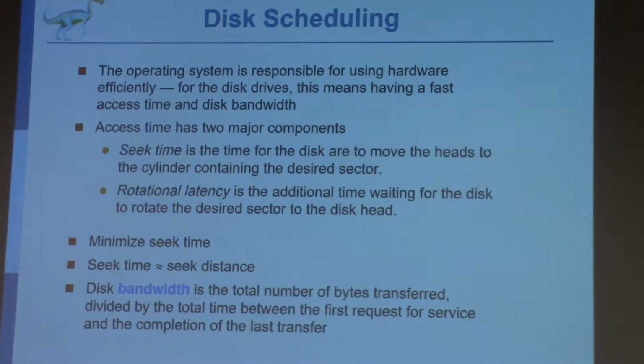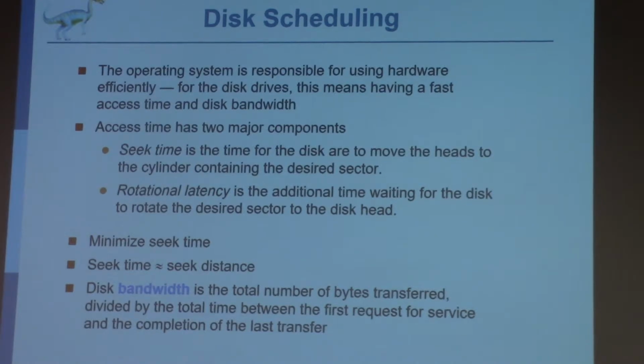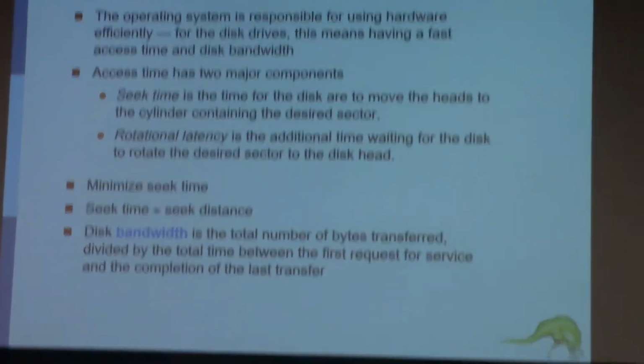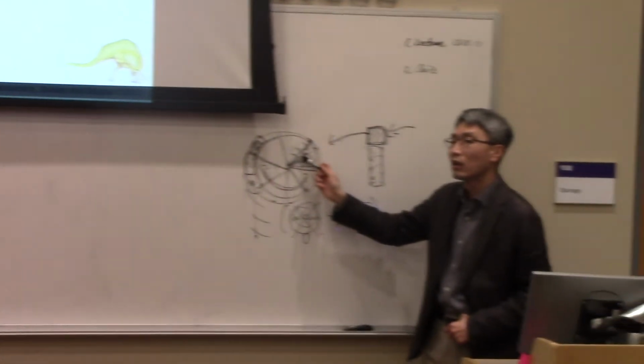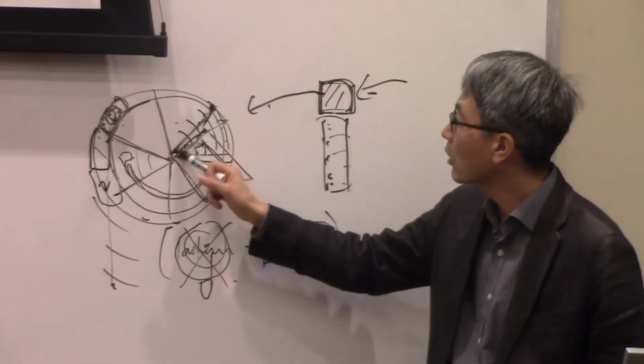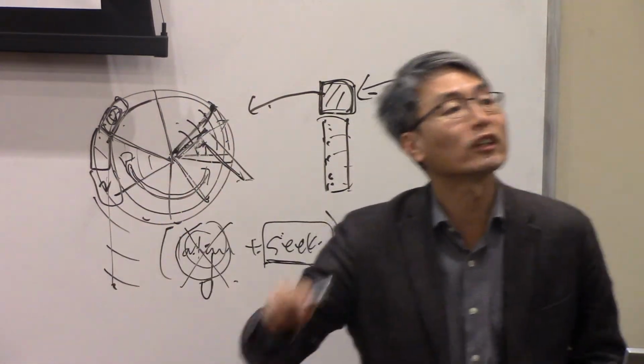Then to measure the seek time, we could measure the wall clock time, but usually in computer systems, to measure performance, the wall clock time is not very good. Instead, we are going to use a different measure for performance. In this case, the time to find the data along the track is proportional to what? The moving distance. If the head is moving a lot, it will take a longer time.